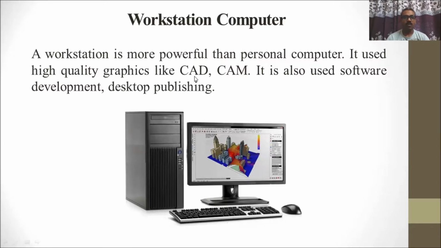CAD is computer-aided design, which is used by civil engineers to design any building or hotel, etc. And CAM is computer-aided manufacturing, which is used by mechanical engineers to design any car model, any vehicle model, etc. It is also used in software development and desktop publishing. So the workstation computer's speed is high compared to a personal computer.